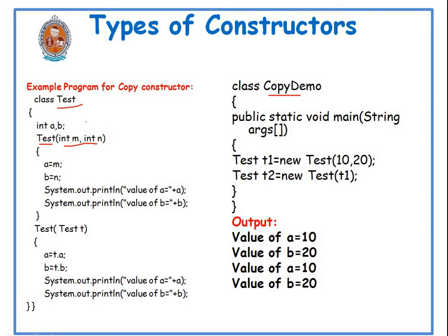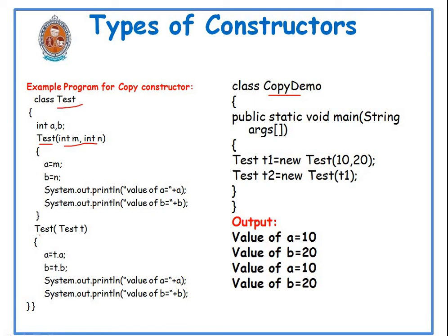Then we can say that it is known as a parameterized constructor, because it is taking the same name as the class name but having two parameters. So it is a two-parameterized constructor. The job of this constructor is to initialize the instance variables with the formal parameters m and n. After that, we have written two output statements to print the values of a and b.